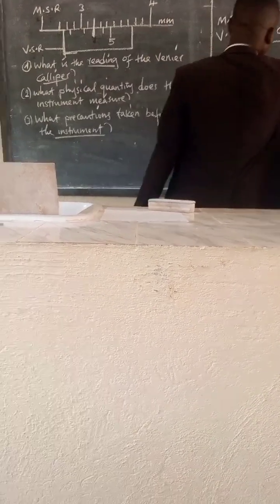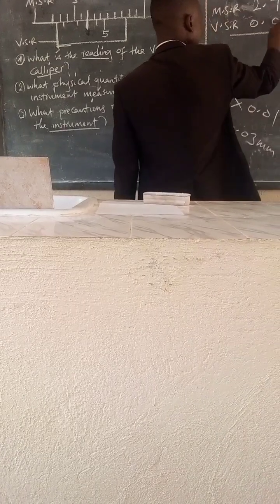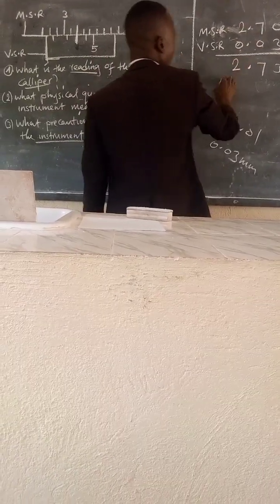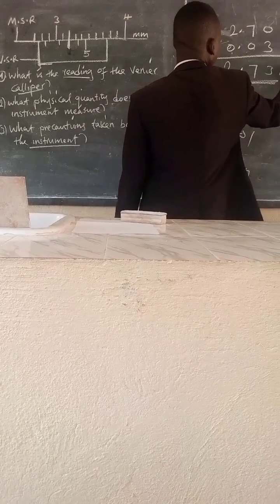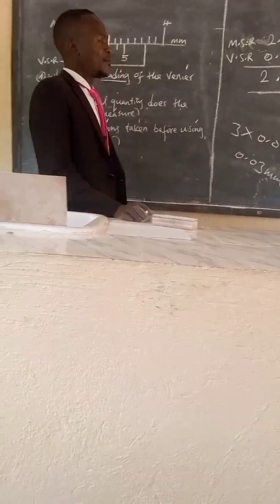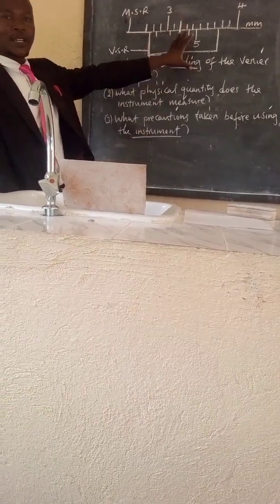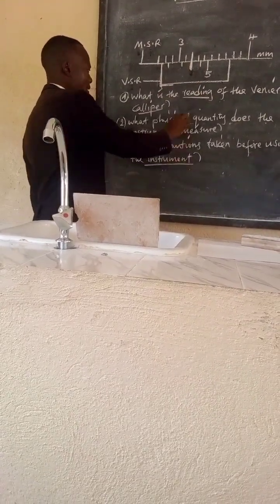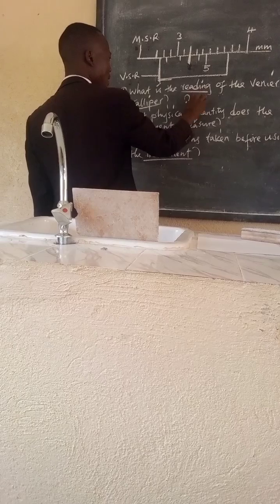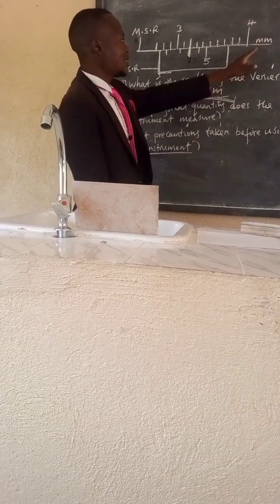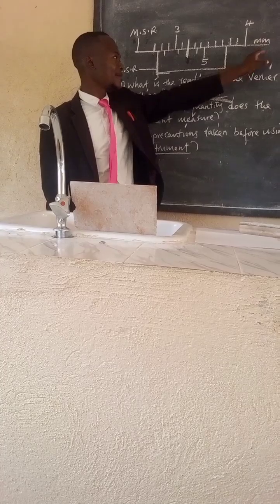When we have this and this, we have 3, this and this is 7, then you put a point, this and this, we have 2. Then we say millimeters. So in general, the reading on this instrument is 2.73 millimeters, because it is in millimeters here.